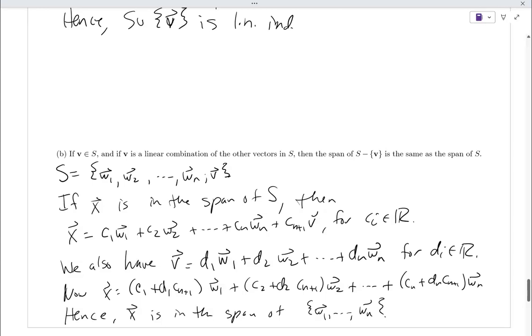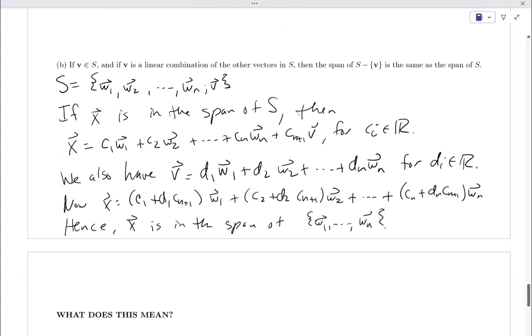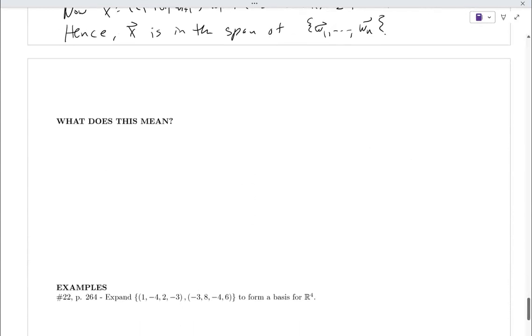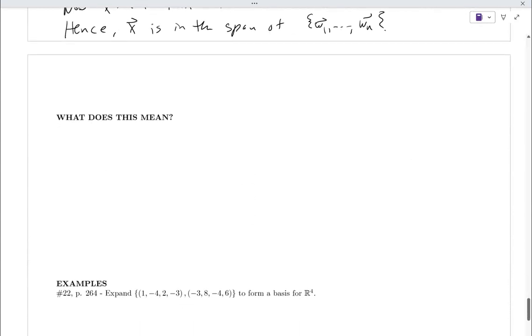All right. So what does this tell us overall? So that's the next part. What does this mean? It says that every linearly independent set can be expanded to form a basis.